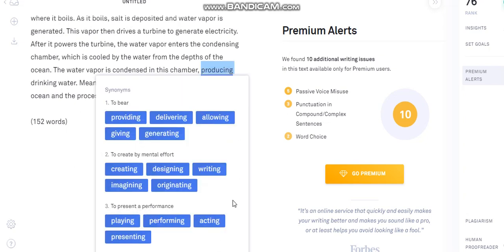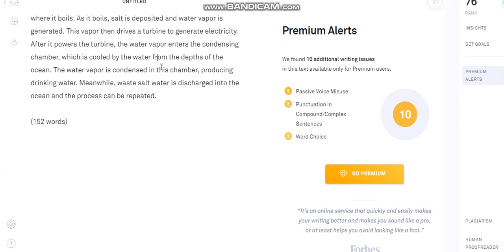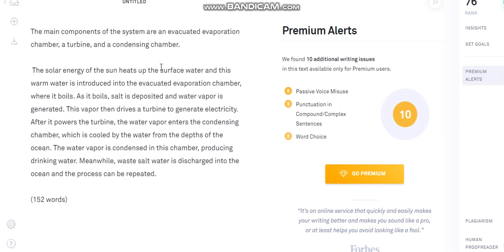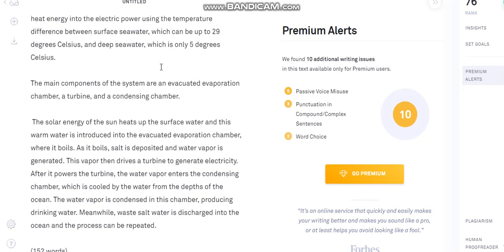Producing is one of the IELTS diagram related vocabulary, and instead you can use producing, generating, I think you can use that. It's possible to use that app for writing a thesis or writing something for your homework, your project.